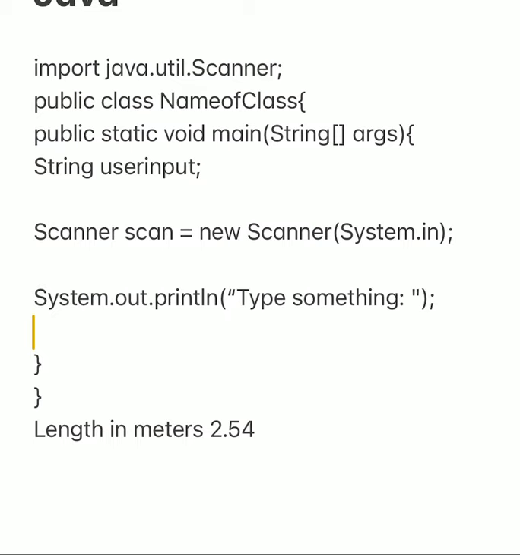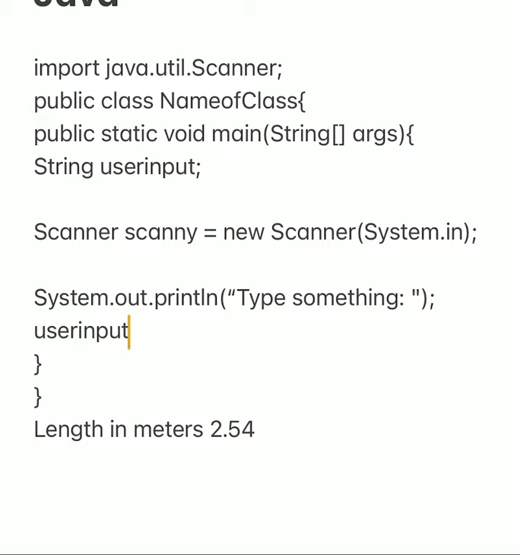And so, we can call the scanner whatever we want, but we'll call it scanny. I just went back a little bit, but anyway. Going down below the System.out.println with the type something in quotations in the parentheses, and then the semicolon, we're down on that new line.